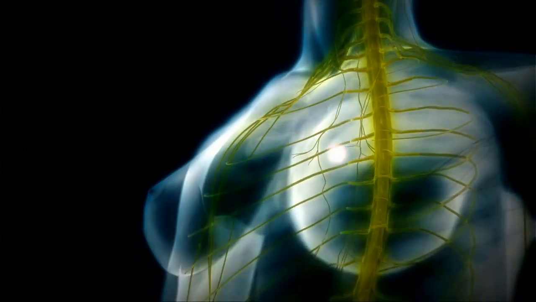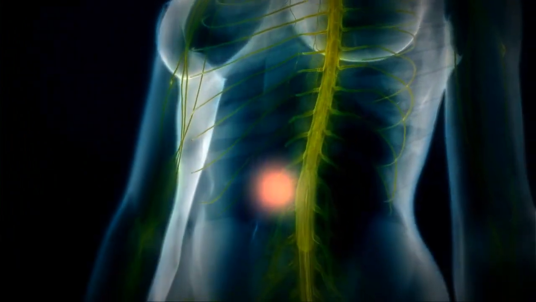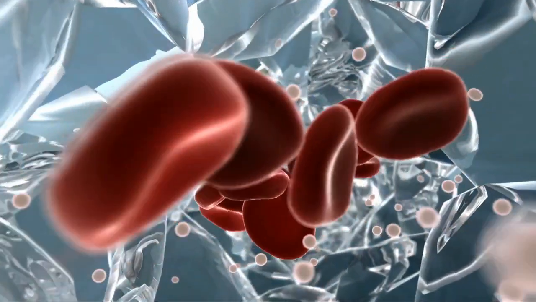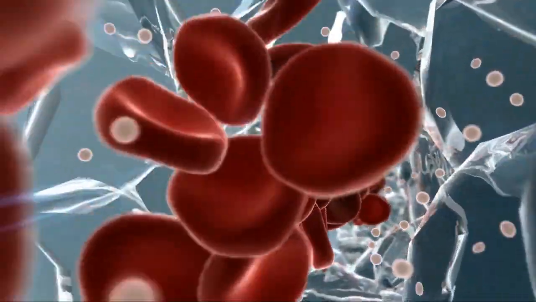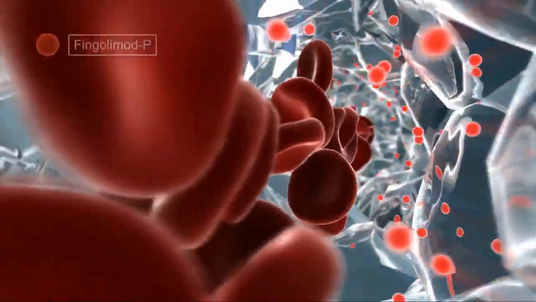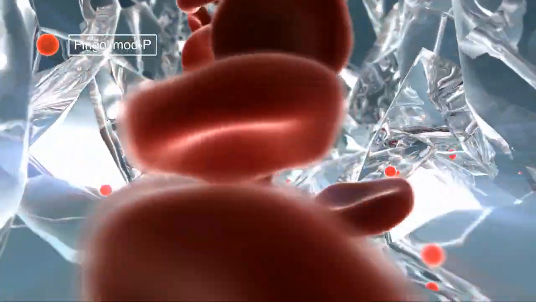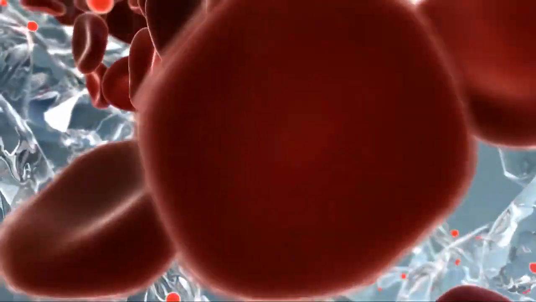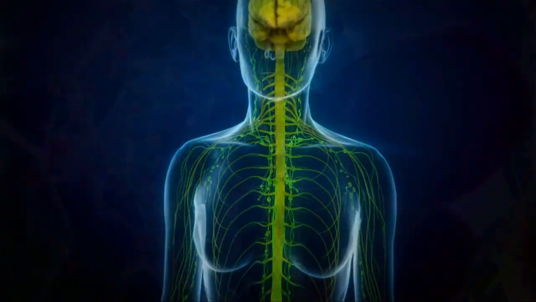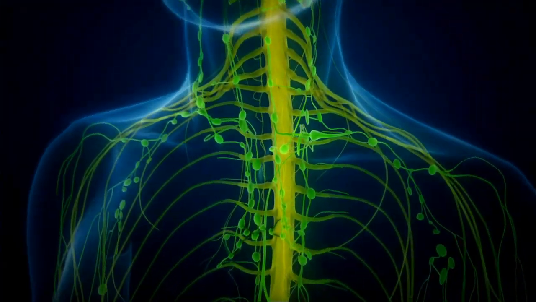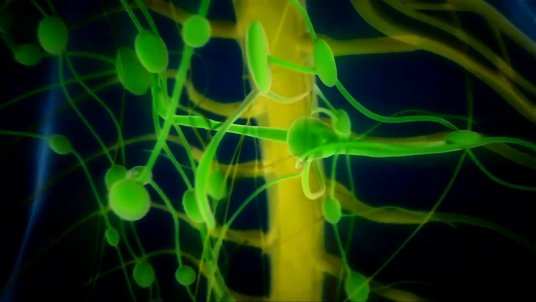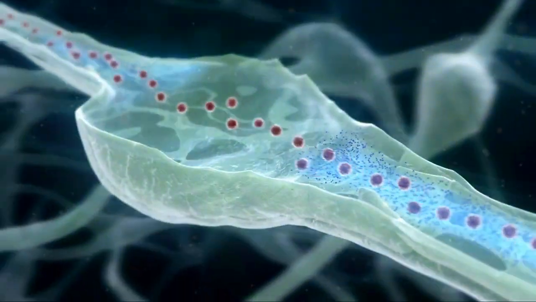After oral administration, fingolimod is absorbed into the bloodstream. Once in the bloodstream, the drug becomes biologically active, following endogenous phosphorylation by an enzyme called sphingosine kinase 2. Fingolimod phosphate readily enters lymphoid tissues, where it binds and downregulates S1P receptor type 1 on lymphocytes.